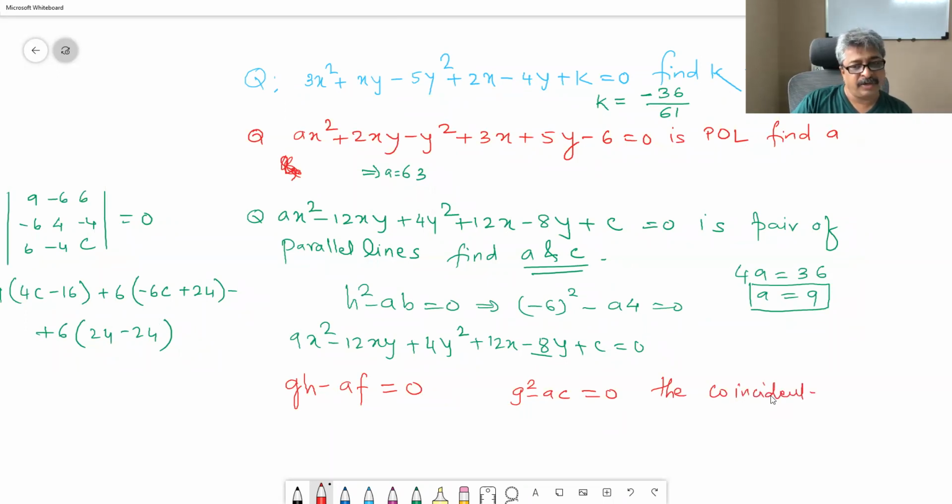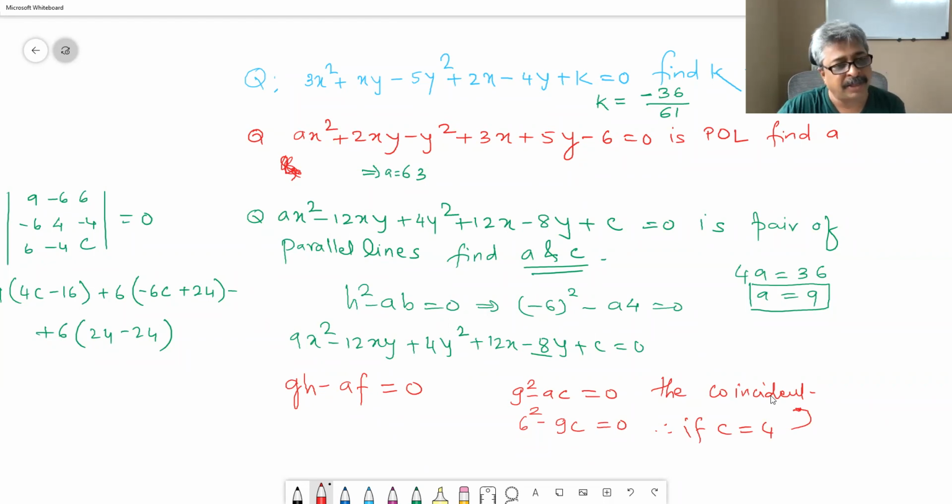So in that case, what value do we get? We are having g is equal to 6, so 6 square minus a into c, that is 9c, is equal to 0, and therefore if c is equal to 4, they are coincident lines, and for any other value of c, they are distinct parallel lines.